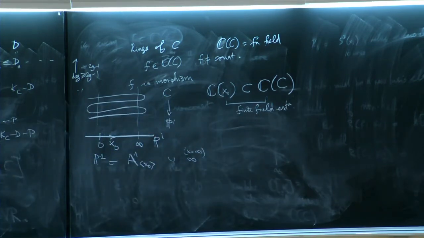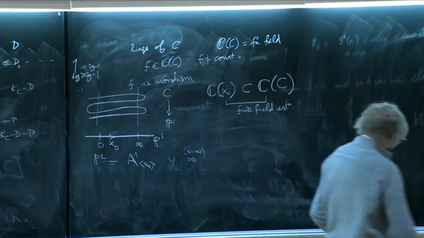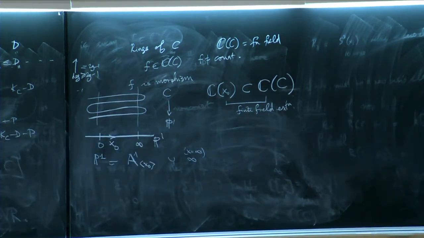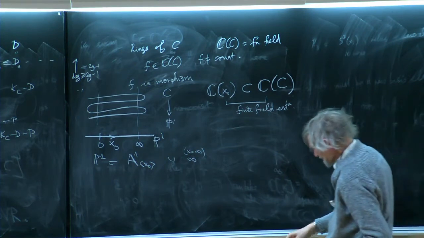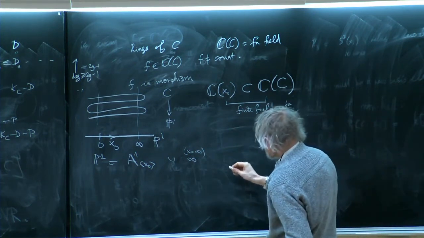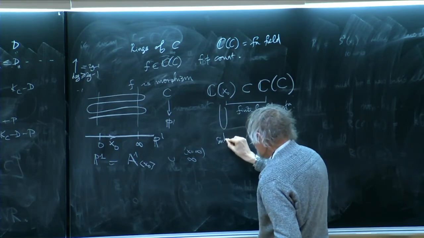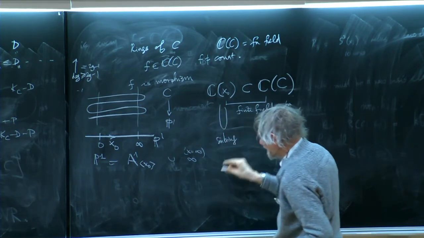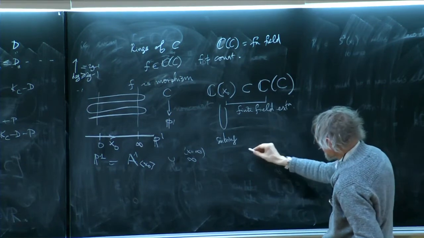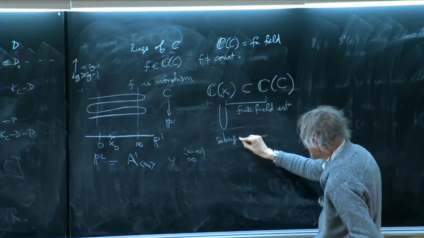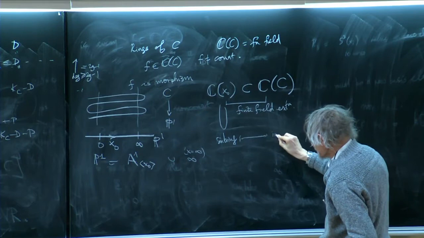It's what you study in Galois theory, and also what you study in algebraic number theory. So if I have a subring here, I can take the integral closure.